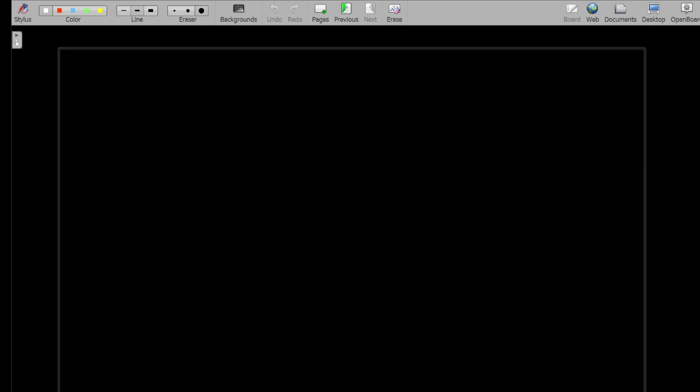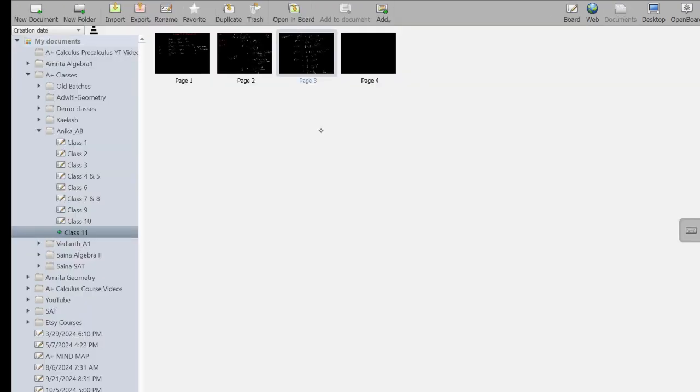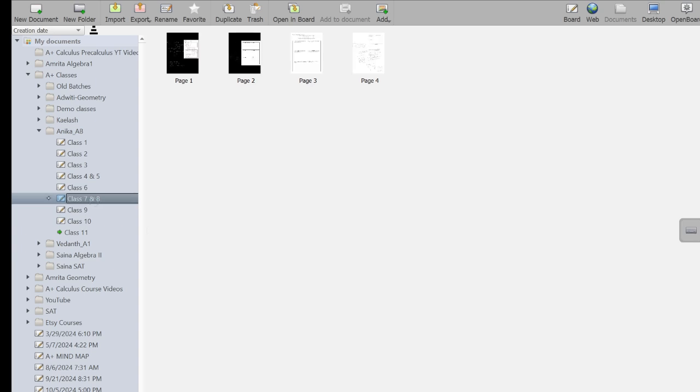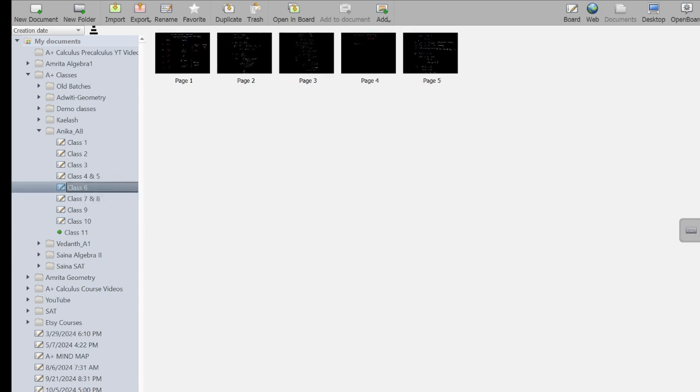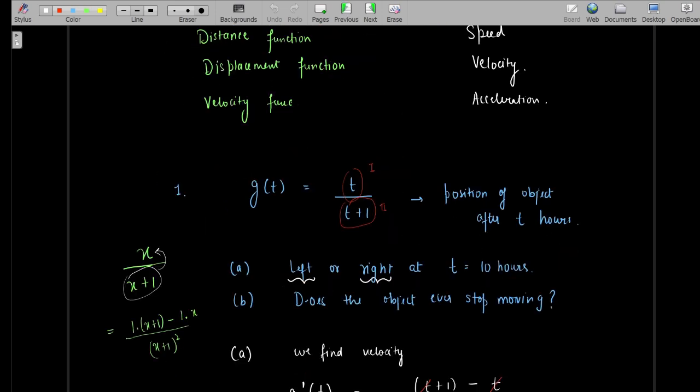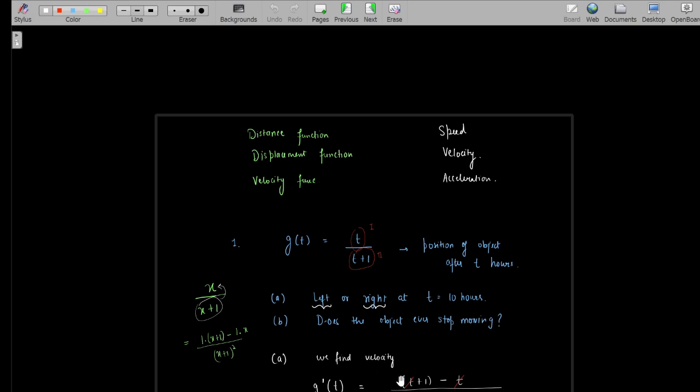Anika, you remember we did the interpretation of derivatives where we did some distance functions and we were finding its derivative to get the value of speed. You remember that? Yes.